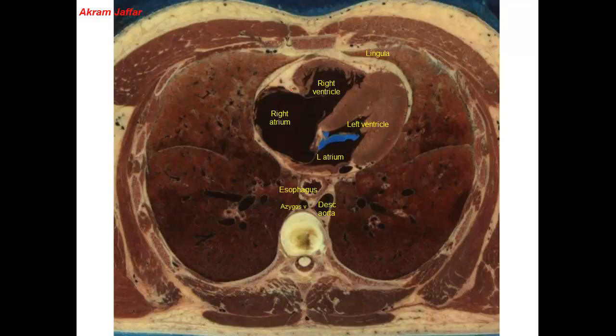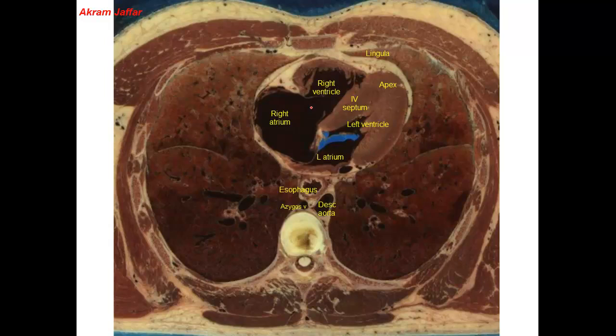It has a thicker wall than the atria, but it is thinner than the wall of the left ventricle. The left ventricle forms the apex of the heart, and this is the interventricular septum, which is as thick as the wall of the left ventricle.